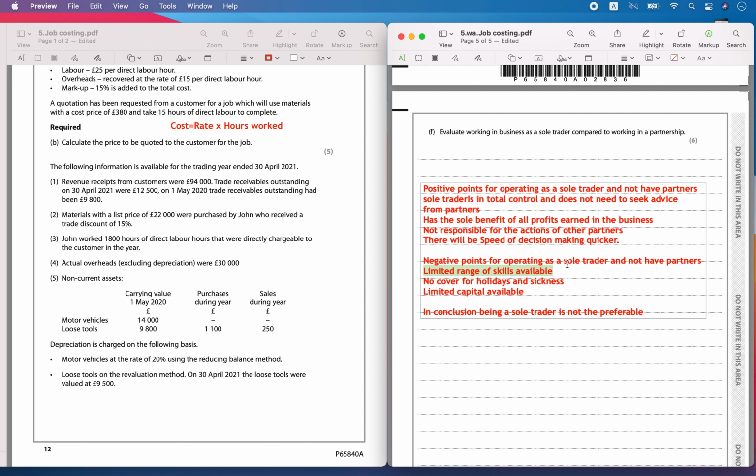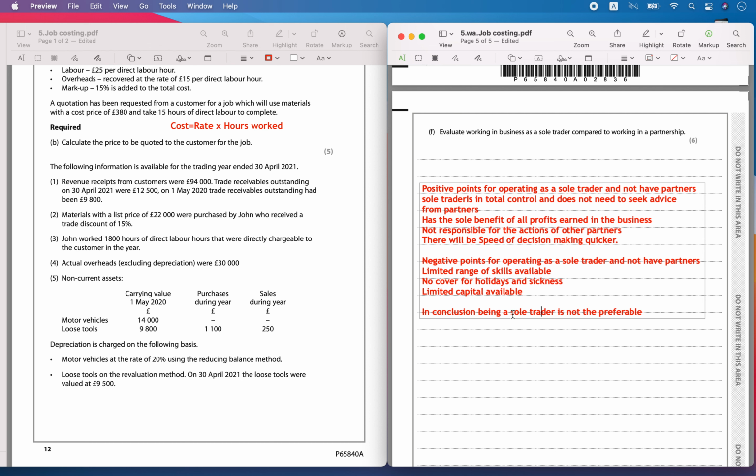There will be nobody to cover for his holidays or sickness. Also there will be limited capital available, because a partner might bring some capital into the business, which might not be the case. So these are the disadvantages of just being a sole trader and not having a partner.